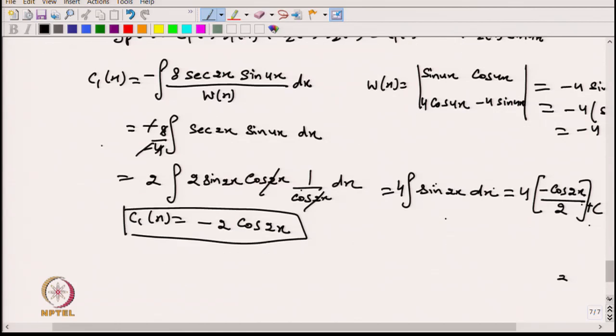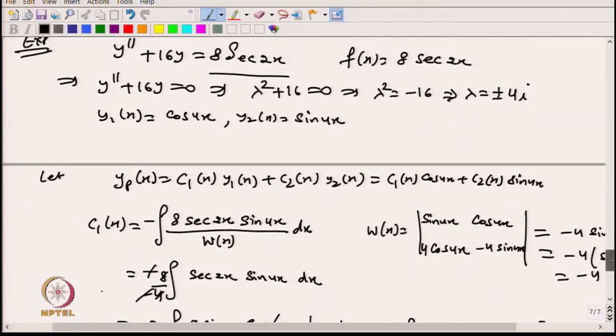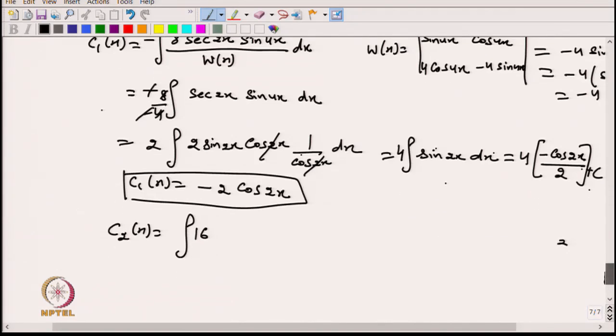Now, the same way I can find out c2(x). My c2(x) will again be an integration. My g(x) is 8 secant 2x into y1(x). So, y1(x) is cos 4x divided by minus 4 dx.